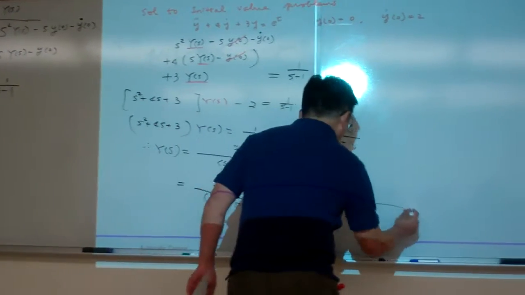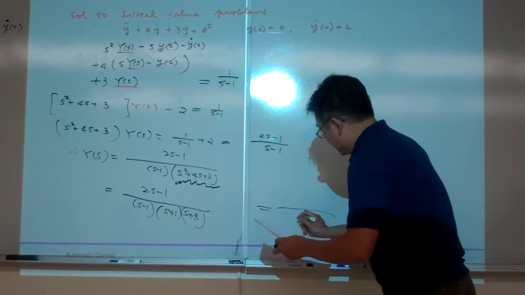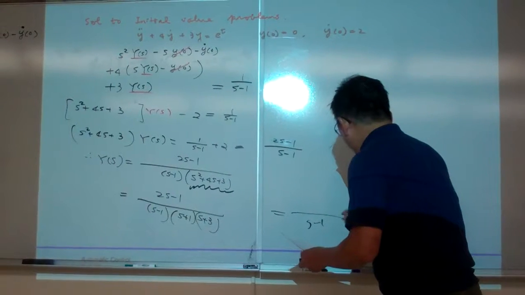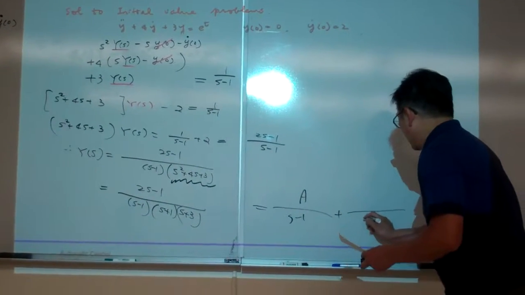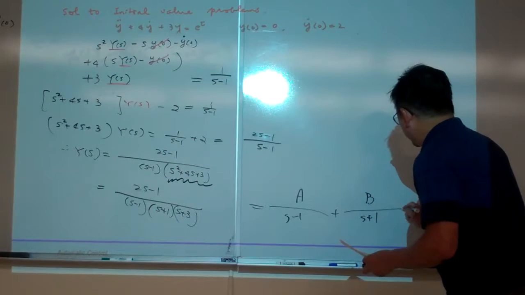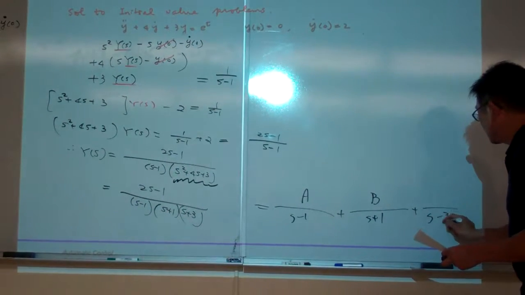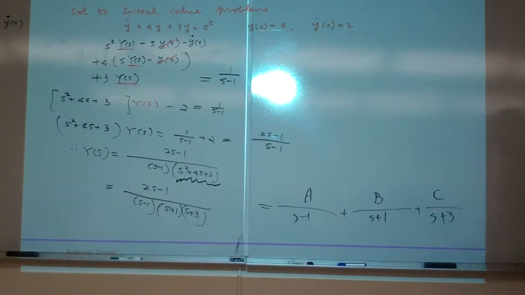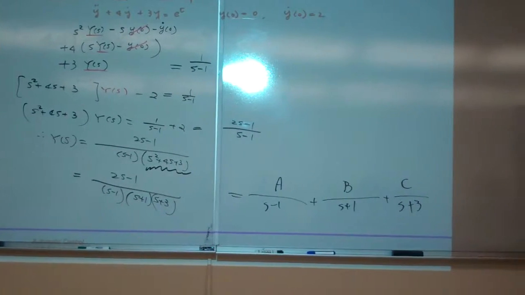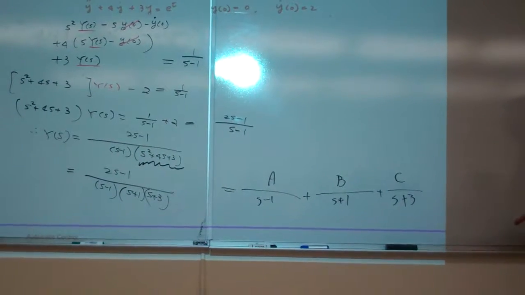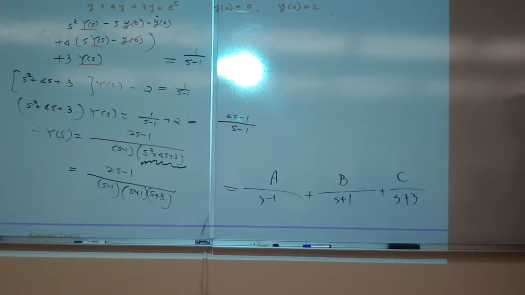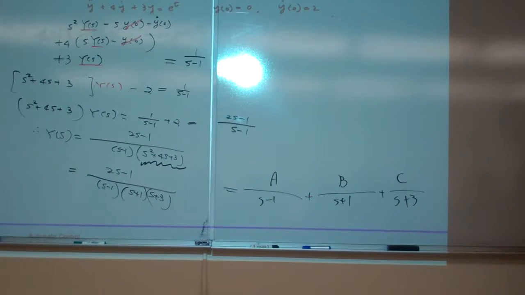Okay, so from here we can factorize into a few terms: A over s minus 1, B over s plus 1, and C over s plus 3. Let me not repeat the whole calculation. I think for this example, the calculation of A, B, C should be very straightforward.